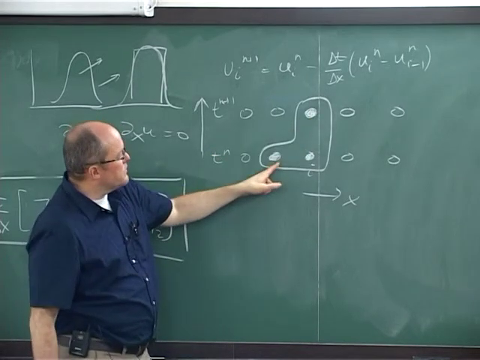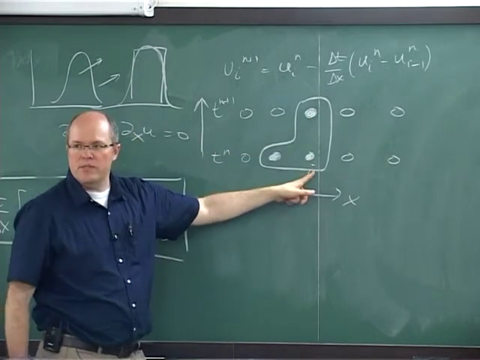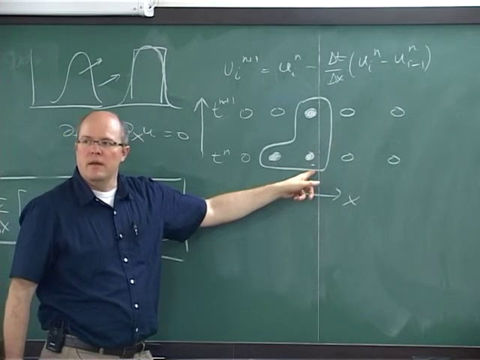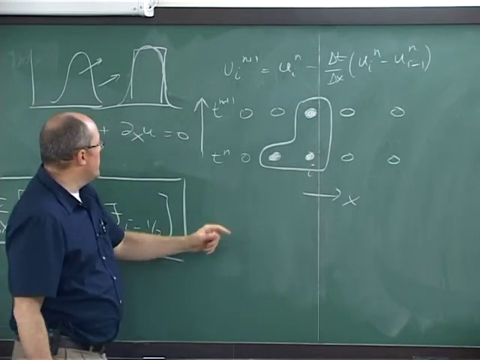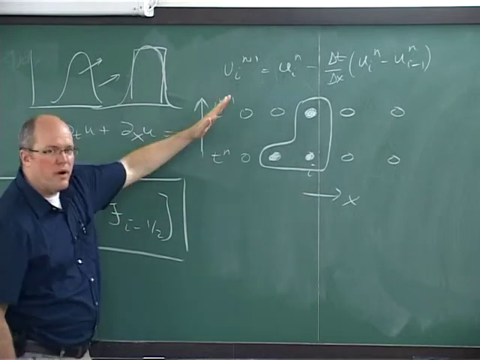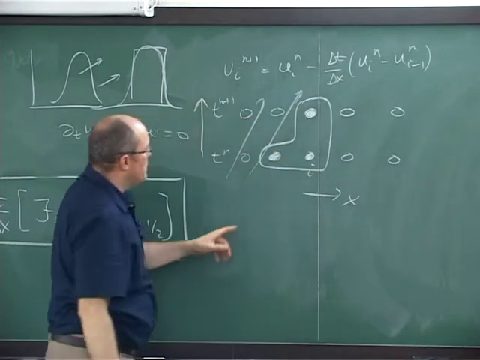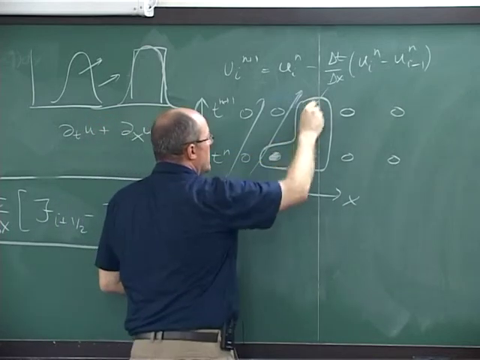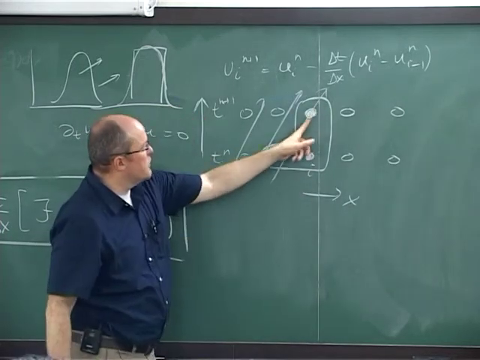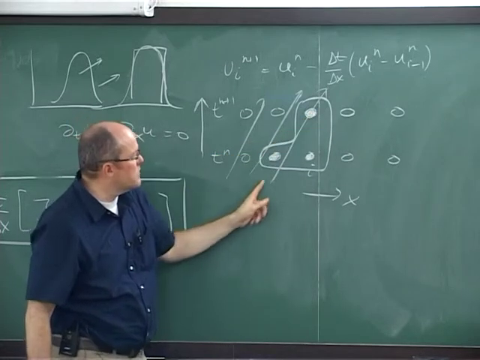And notice how the numerical stencil is one-sided. That's why this is called the upwind method. Because I know that the characteristic directions are moving to the right, right? The characteristic directions are like this. And my numerical stencil for this point, characteristics going through this point are coming in this direction.